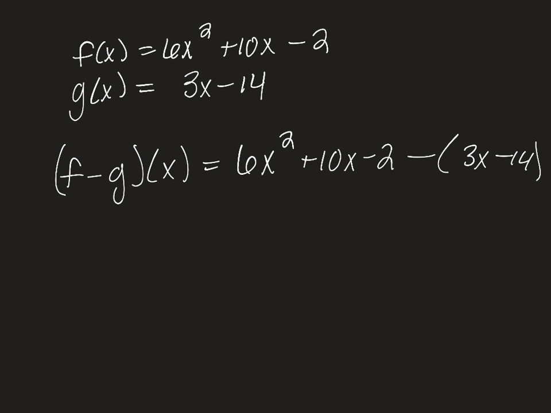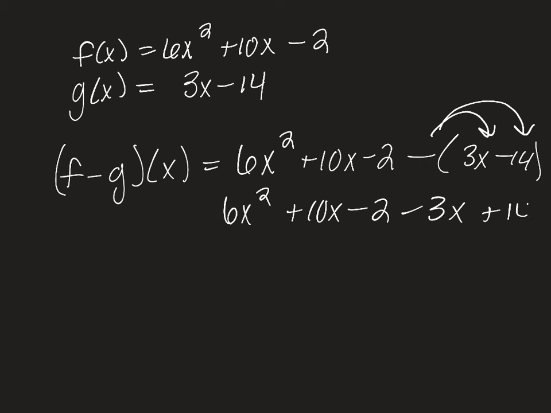And which ones did you say you were going to know? I will give you all of them. Oh, okay. I was going to have you remember point slope form. But yeah, so remember with this, you have to distribute the negative through. So you'll have 6x squared plus 10x minus 2 minus 3x plus 14. So then you do 10 minus 3 to get a plus 7x, and then negative 2 plus 14 to get a positive 12.